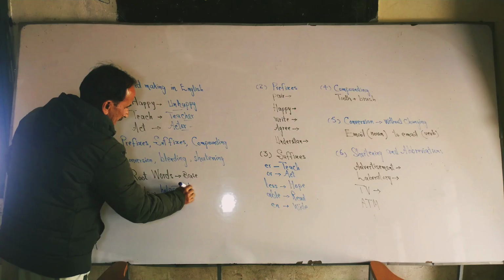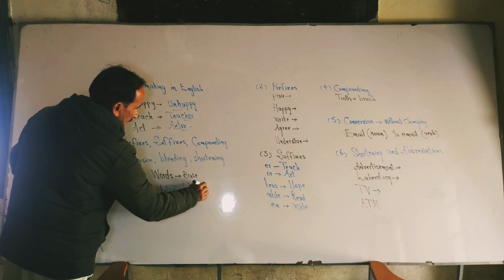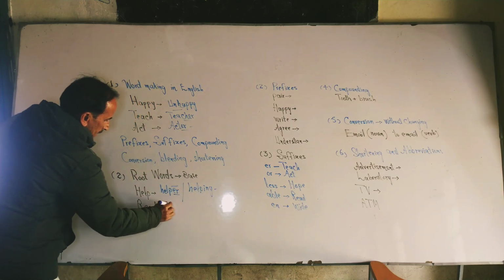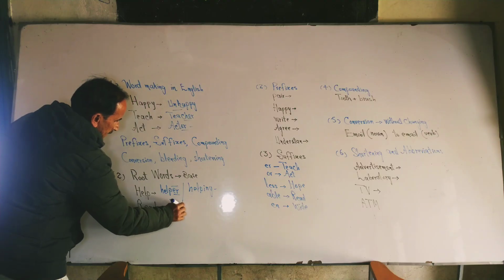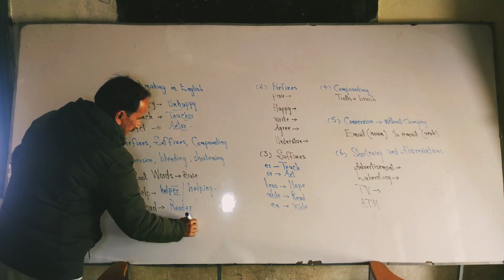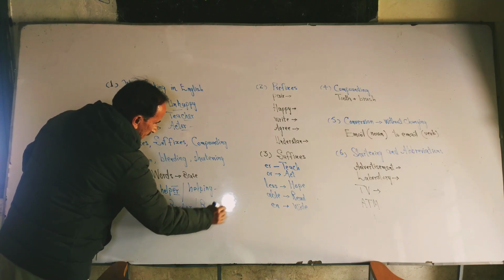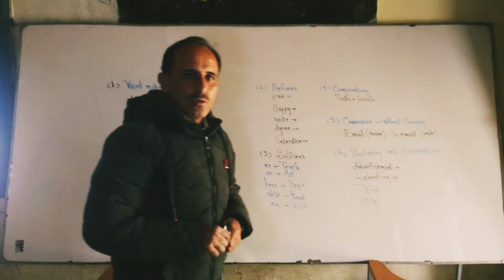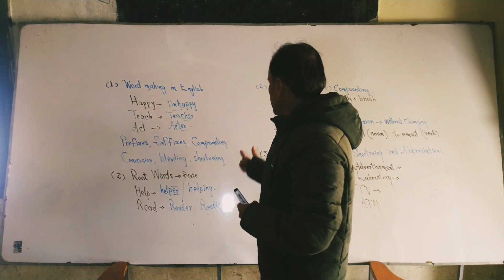You can also make helping. Read, reader, reading. So these are the main things you should understand: the basics of letters, which letters are added at the start or the end of a word.